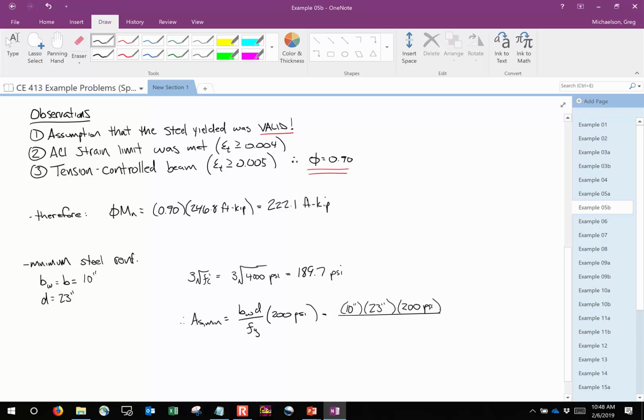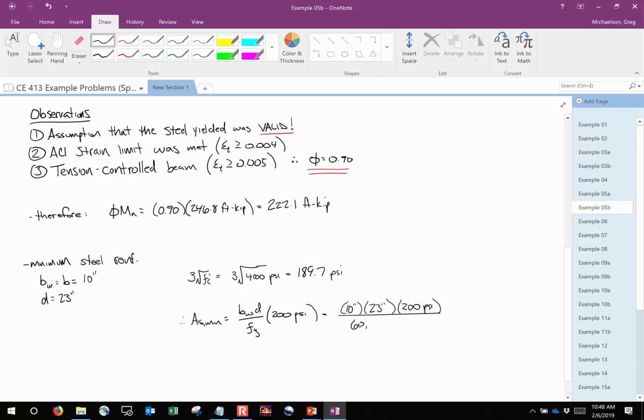What do I put on the bottom? I know what is f sub y. There you go. It's not 60 ksi, it's 60,000 psi. See, this is why you write your units out.